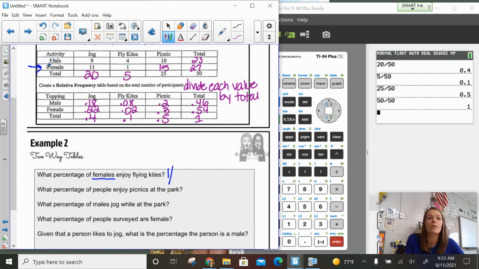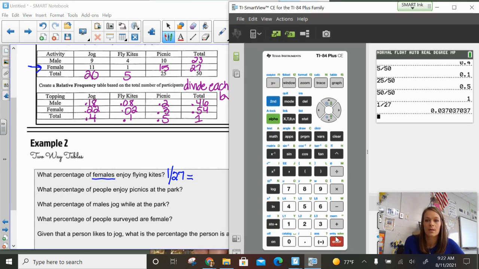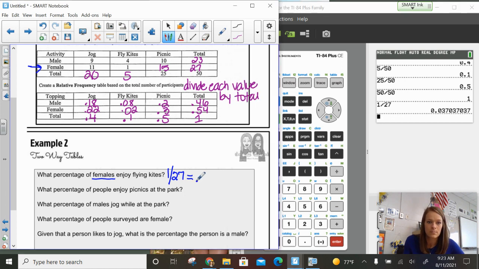It is 1 out of the total females, which is 27. I'm using the 27 because it said what percent of females. Dividing that out, that is 0.037. I'm going to say that's 0.04. Now I want to make a percent out of that. So 0.04, move that decimal 2 places, and this is approximately 4%.